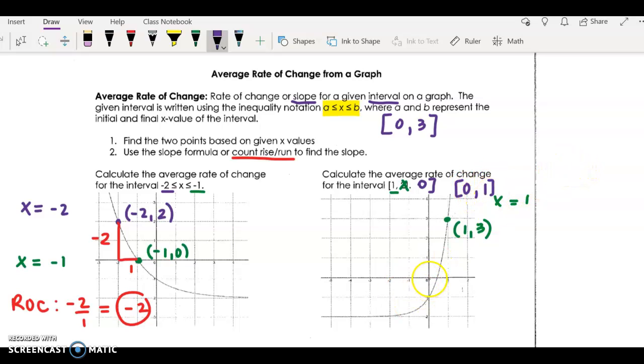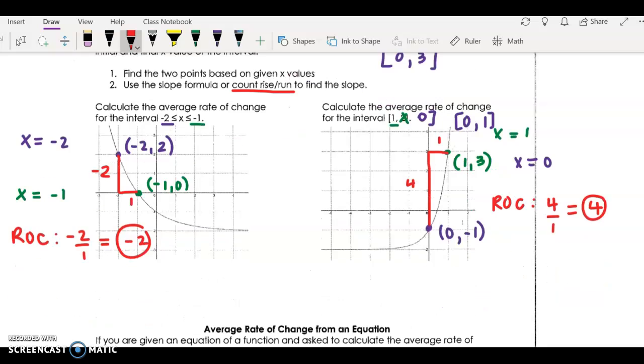So we'll go to 0, where our x equals 0, our y coordinate is -1. Again, on this one, I'm just going to count because they're close together and it's a nice big graph that's easy to count on. 1, 2, 3, 4 over 1. So my rate of change for this function is 4 over 1, or 4.